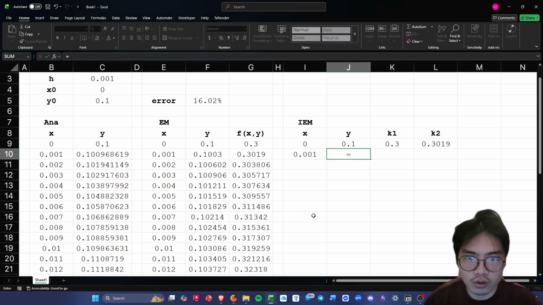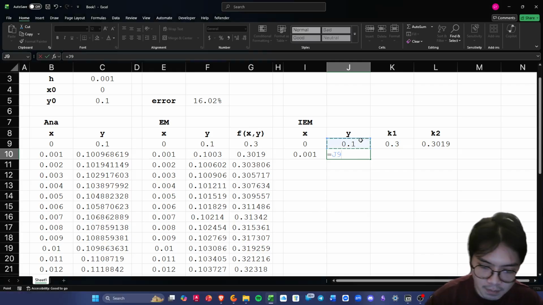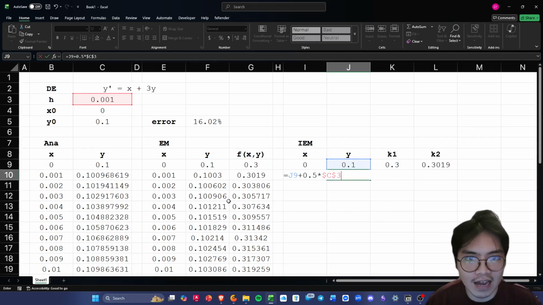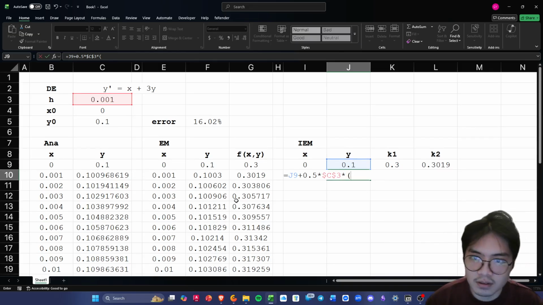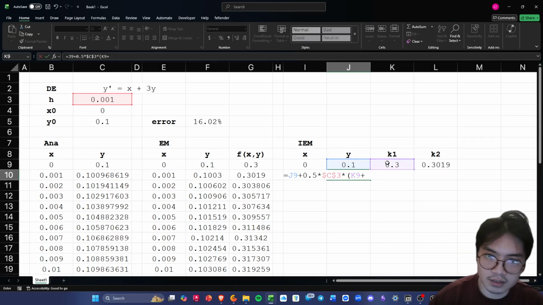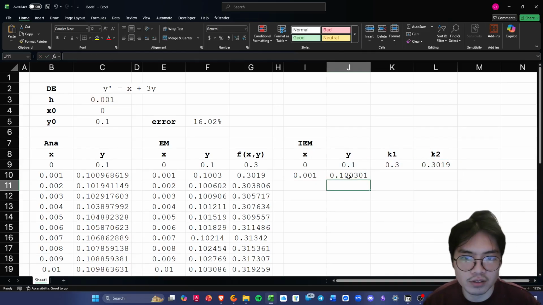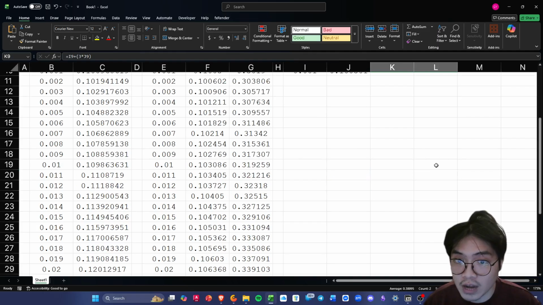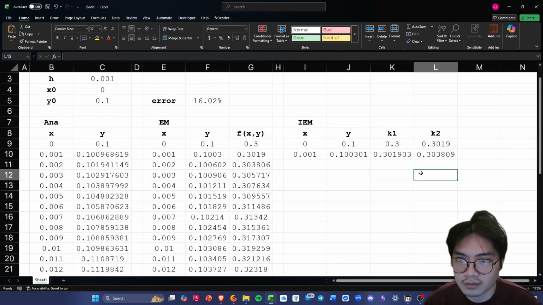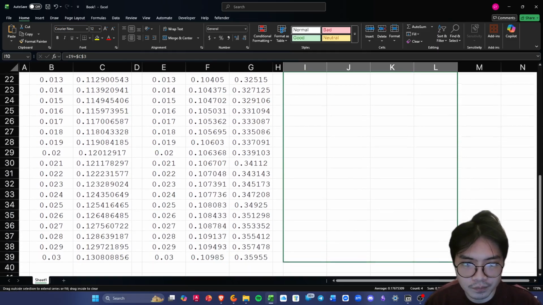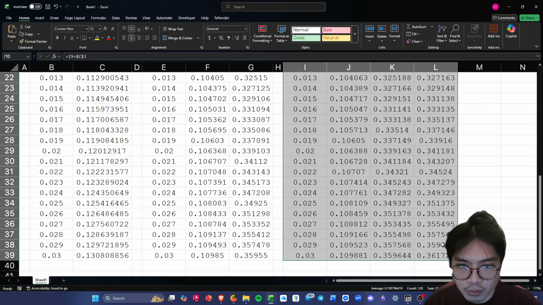So it's going to be this plus 1/2 times your C3, your h value, times this one plus this one. So it's an average, right? Now you see that. And now we will drag these down, and then we will drag everything down. Let's see how this improves.